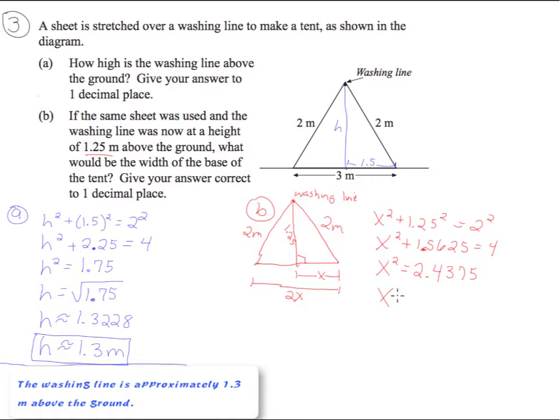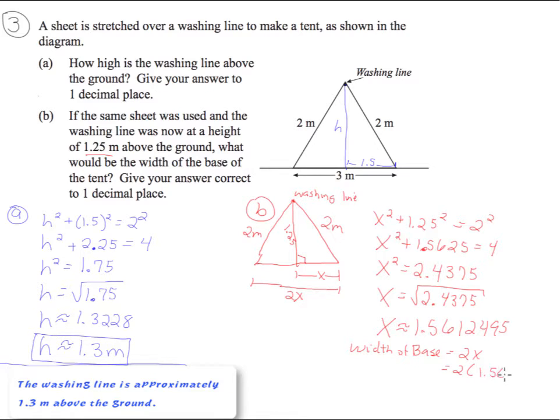I have x is equal to the square root of 2.4375. Now notice that I am using more than 1 decimal place until this last step after I take the square root. Do not approximate earlier than this. So I know that x is equal to 1.56124595, times that by 2.